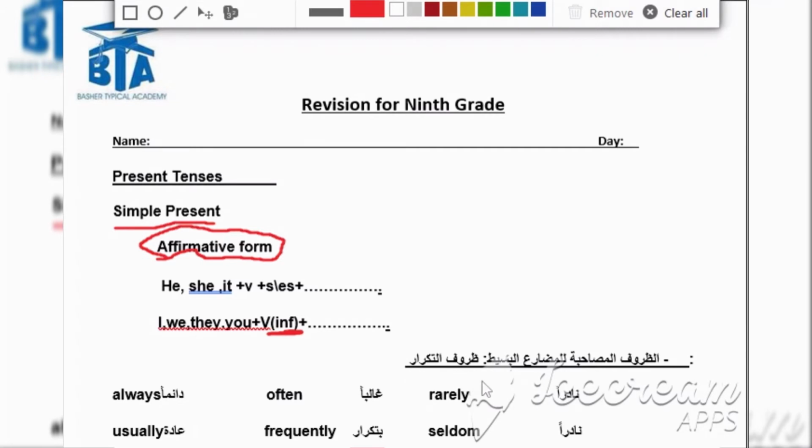We always have adverbs. These adverbs are the keywords of the verb. What are the keywords of the present simple tense?